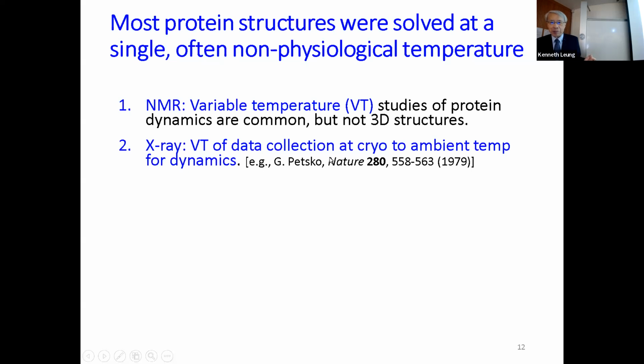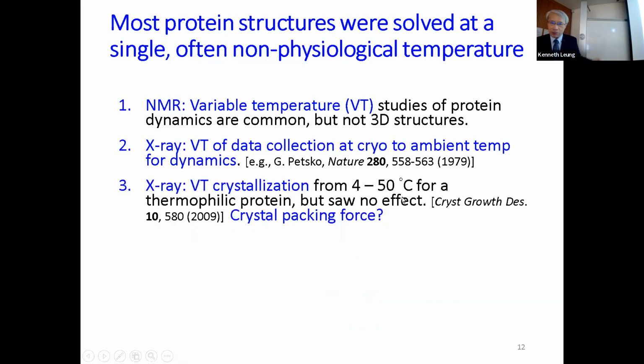For X-ray, there has been a temperature-dependent study of the temperature of data collection, done by Greg Petsko since 1979. X-ray data is often collected at cryo temperature, but some are done at higher temperature, and they did that kind of study to look at dynamics. That's different from what we are interested in here.